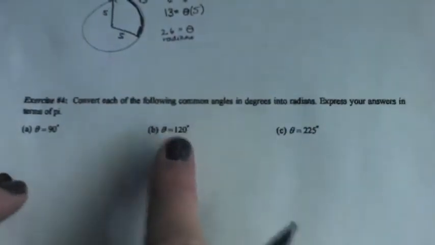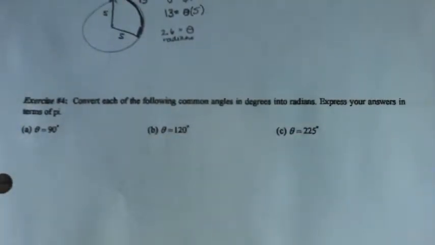If we jump to 4 and we're converting each of the following angles in degrees into radians, if you want, you can do a proportion.